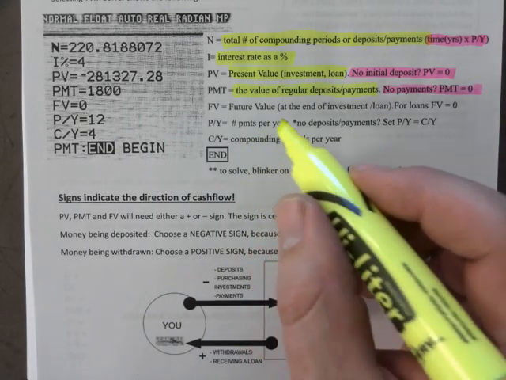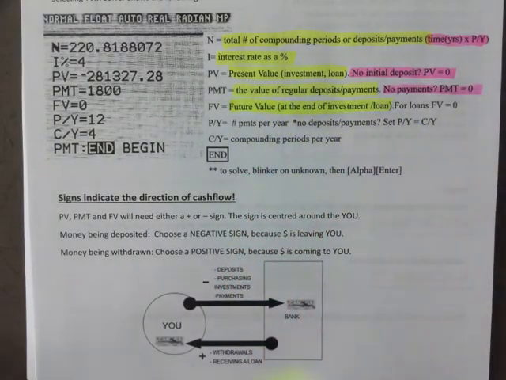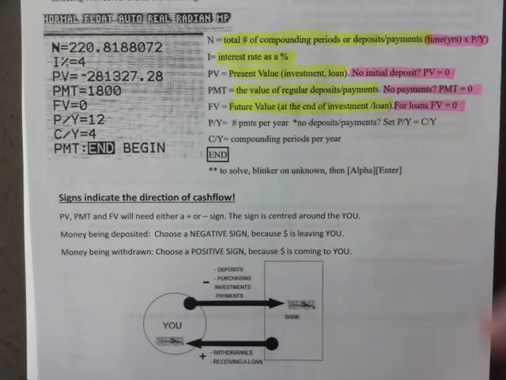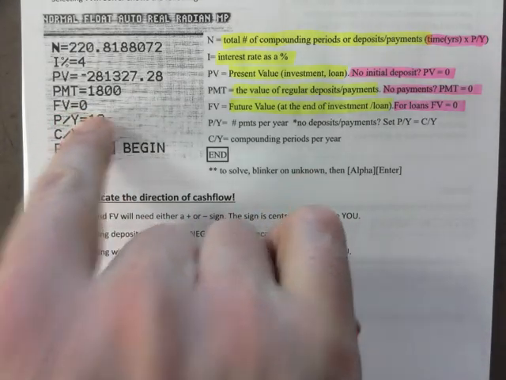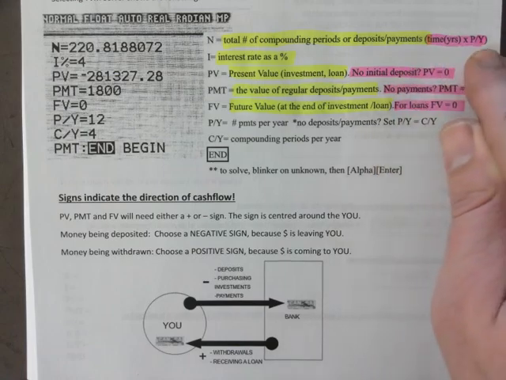Future value is the value at the end of the investment or loan. What do you want the future value to be if you borrow money? When you're done, you want it to be 0. So for loans, we set the future value to 0. And here's PY. In hindsight, I should have given PY a different color and matched it there.